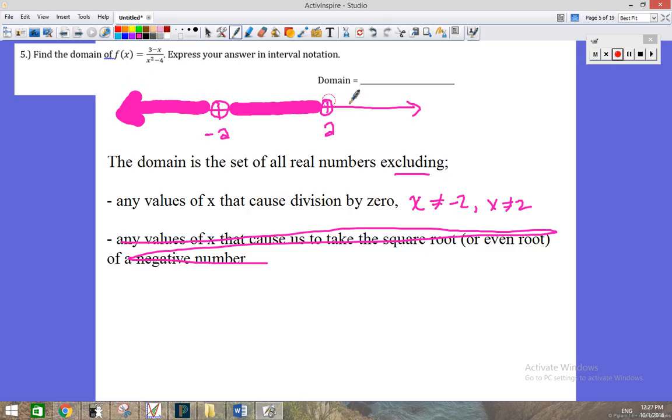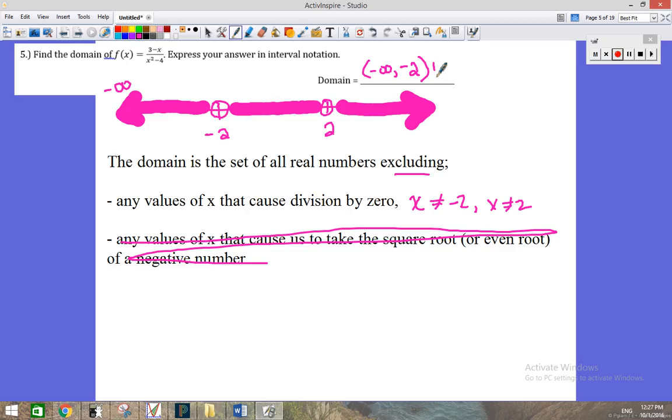If you pick any other number in one of these shaded regions, then do this arithmetic, you'll find a corresponding output, a corresponding y value. Every x in the domain has to correspond to exactly one y value for this to be a function. So if we describe this, when the arrow is shaded, that's negative infinity. Since negative 2 is excluded, we can't have a bracket, we have to have an open parenthesis.